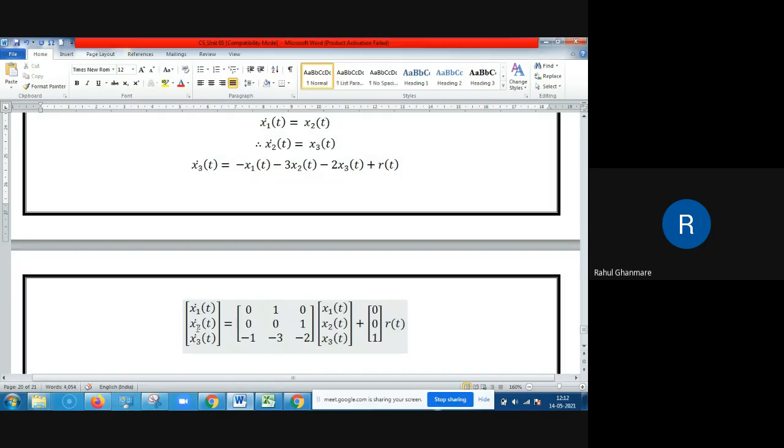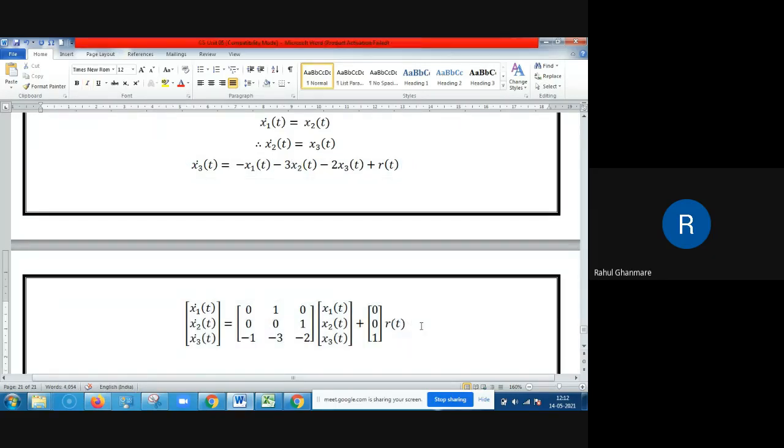Similarly, you can see here also x dot of 2 is equals to, here you have only x3, so remaining values are 0. So 0 x1 of t plus 0 x2 of t plus 1 x3 of t plus 0 r of t. Right? When you consider this third equation, you have x dot of 3 is equals to minus 1 x1 of t minus 3 x2 of t minus 2 x3 of t plus 1 r of t.